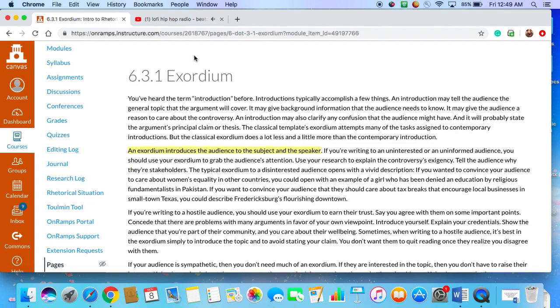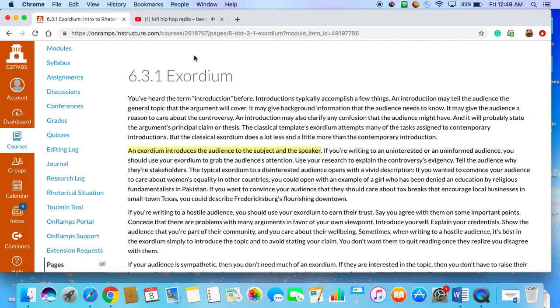And remember, you can either have a hostile audience, a sympathetic audience, an uninformed audience, or an uninterested audience. Each of those are different. Remember, hostile is going to be completely against you. Sympathetic is already with you. They probably already know a lot about what you're talking about.